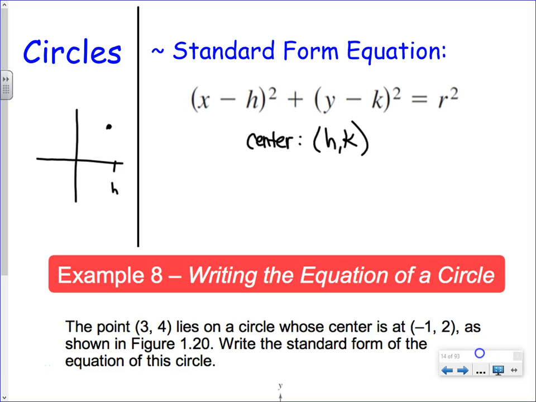H will be the x, k will be the y, and then the circle will go ahead and go out from there, of course. What does r stand for? Radius. Whatever r is. Remember real quick that radius is being squared, so if you see a number and you're trying to find the radius, you have to square root. But as you guys know, our book digs a little deeper in each of these concepts.